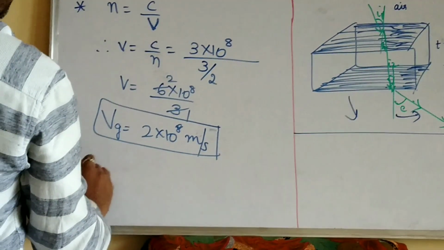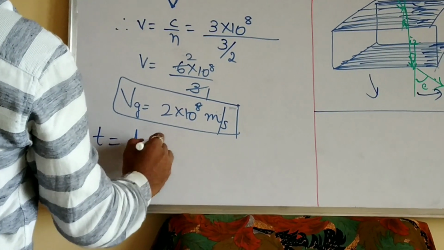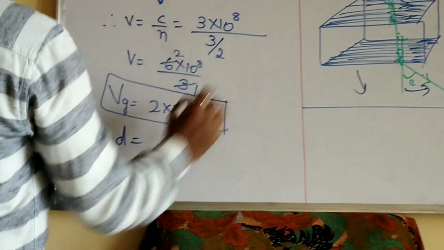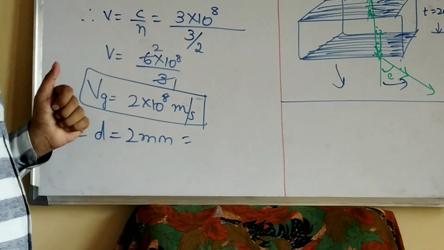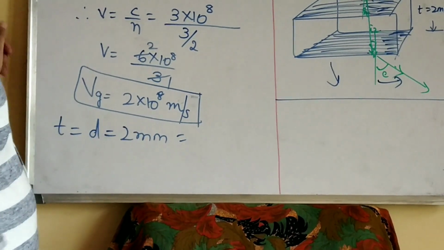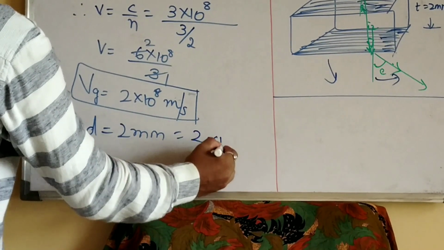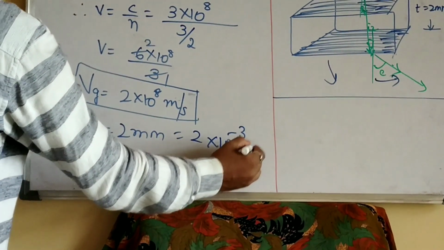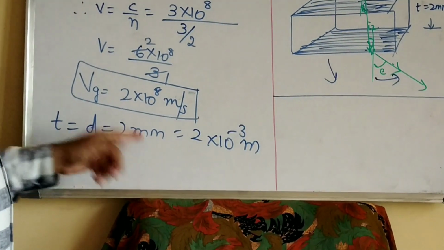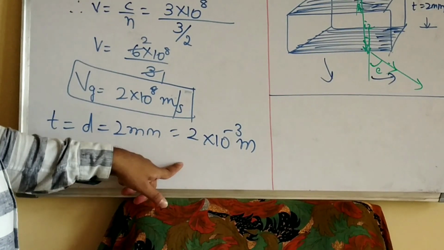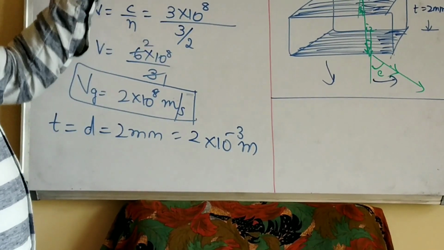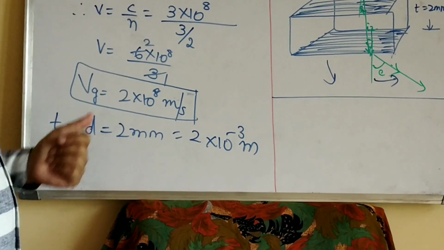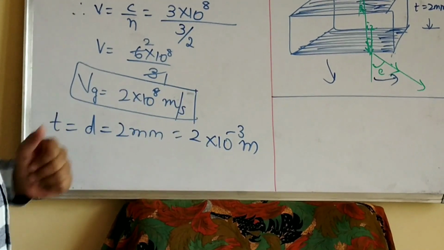That thickness is given, d is equal to 2 mm. So convert 2 millimeter to meter. 1 meter is equal to 1000 millimeter. Therefore 2 millimeter is equal to 2 into 10 to the power of minus 3 meter. Okay, 2 into 10 power minus 3, or 2 by 1000. 2 by 10 power 3, bring the 10 power 3 to the numerator using the exponents, and you will get 10 power minus 3 meter.